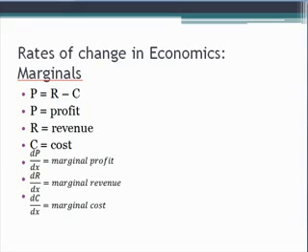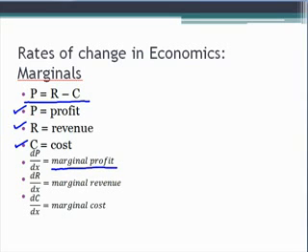Okay, so I have the three things that we're going to talk about the most. So profit, revenue, and cost. And the way those three things are related is that the profit is equal to the revenue minus the cost. So that formula is very important. And if we look at the rate of change of each of those, the rate of change of the profit is the marginal profit.